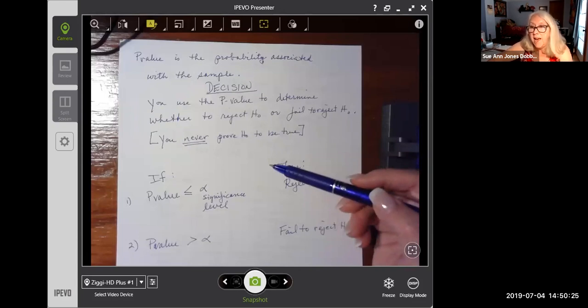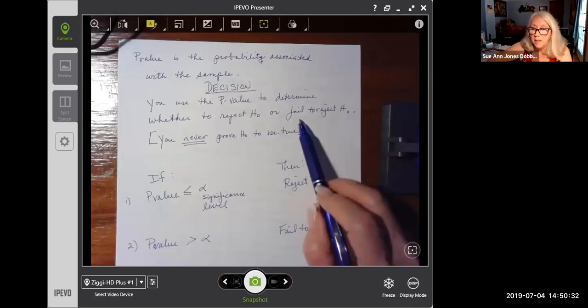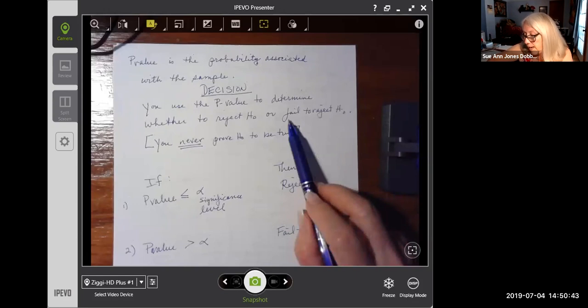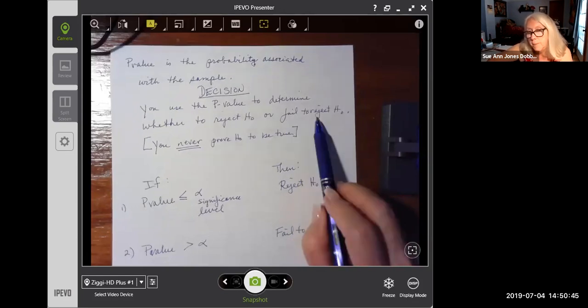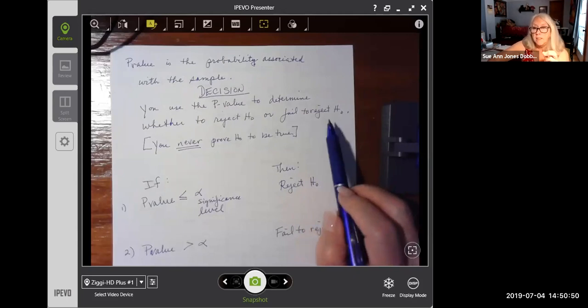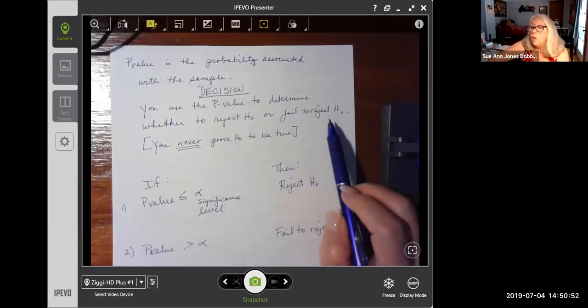They come back with either guilty or not guilty. And not guilty doesn't mean that the person didn't commit the crime. It means that there wasn't enough evidence to convict them of the crime. And that is the same position as failing to reject the null hypothesis. Now, that may seem like a small thing, but when you make statements of conclusion, you can never say that you prove the null hypothesis to be true.